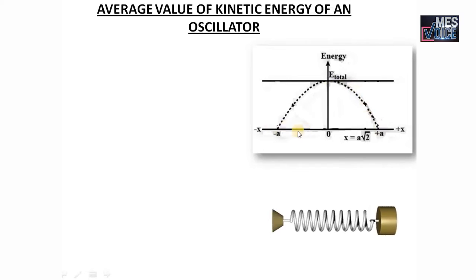So it is obvious that kinetic energy varies at every instant. For an oscillator, every instant its kinetic energy varies. So finding its average over a complete cycle is very important.